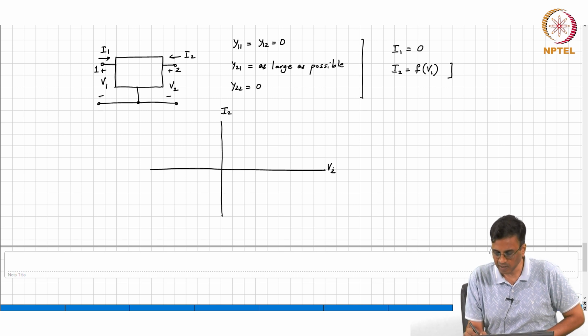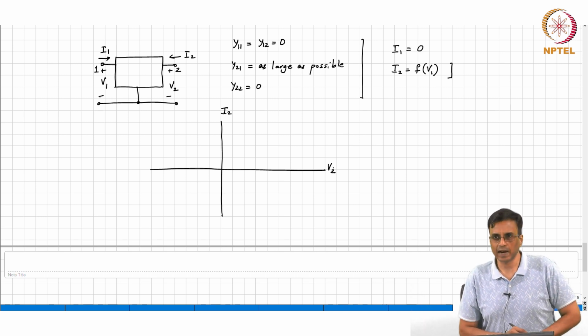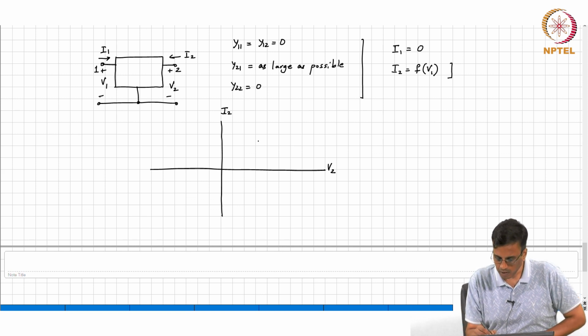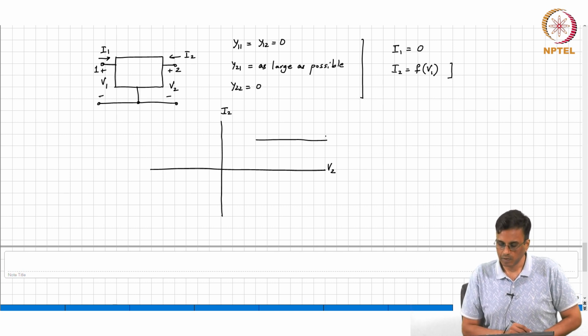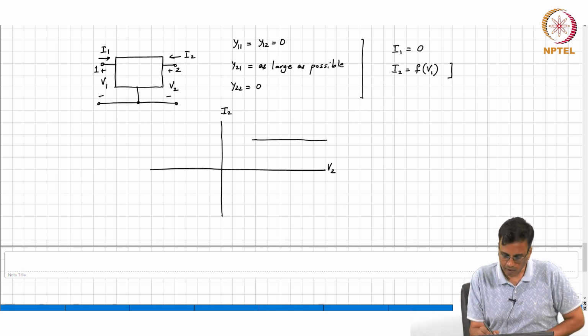If you plot, there is nothing to plot as far as the input characteristics are concerned, because I1 is identically 0. For the output characteristics, we saw a family of curves like this.